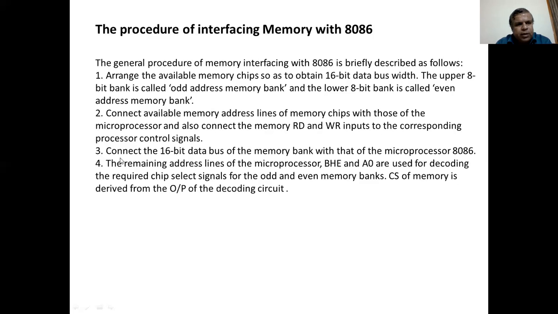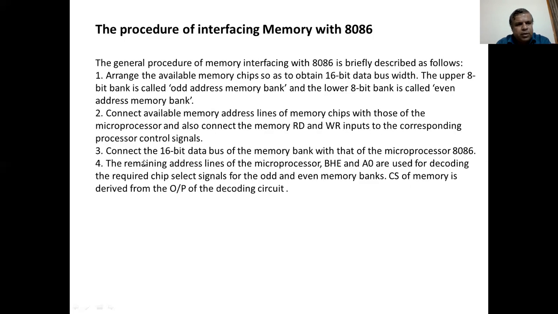Step 3, connect the 16-bit data bus of the memory bank with that of the microprocessor. The data lines of the memory device are connected to the corresponding data bits of the 8086 microprocessor.